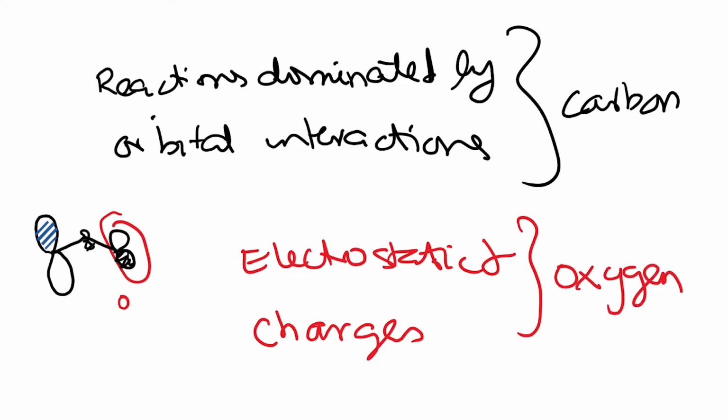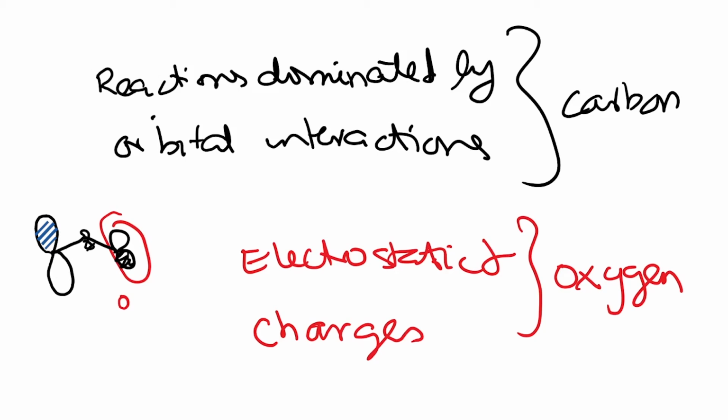Okay, so an important difference between the enolate and the allyl anion is that the allyl anion is very symmetric and both the ends are equal, and so there's no difference in which end reacts, whereas in the enolate there are differences that come in.